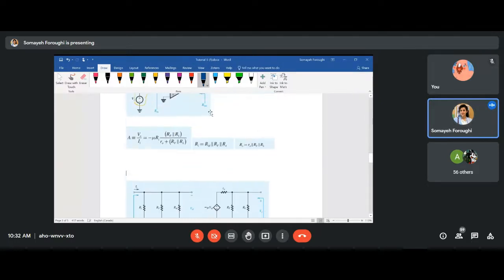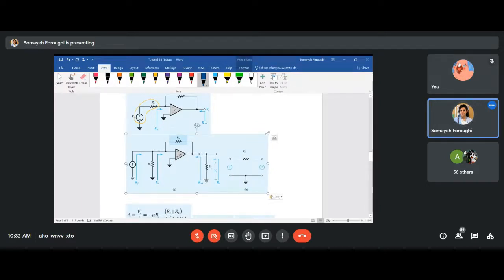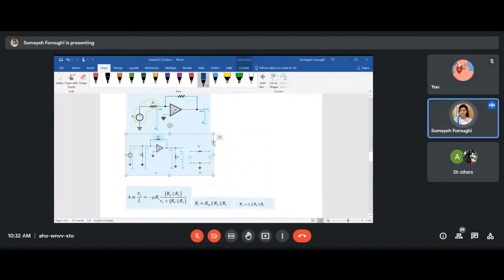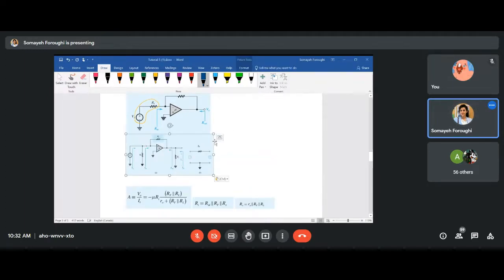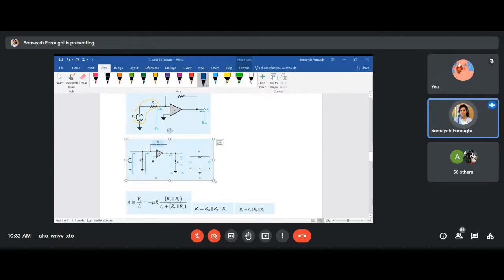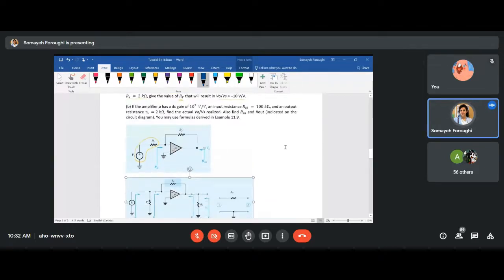Just give me some seconds, let me drop it right here. Oh, I don't have to draw it one more time. So it's like we found this. I just copied it from example 11.9.